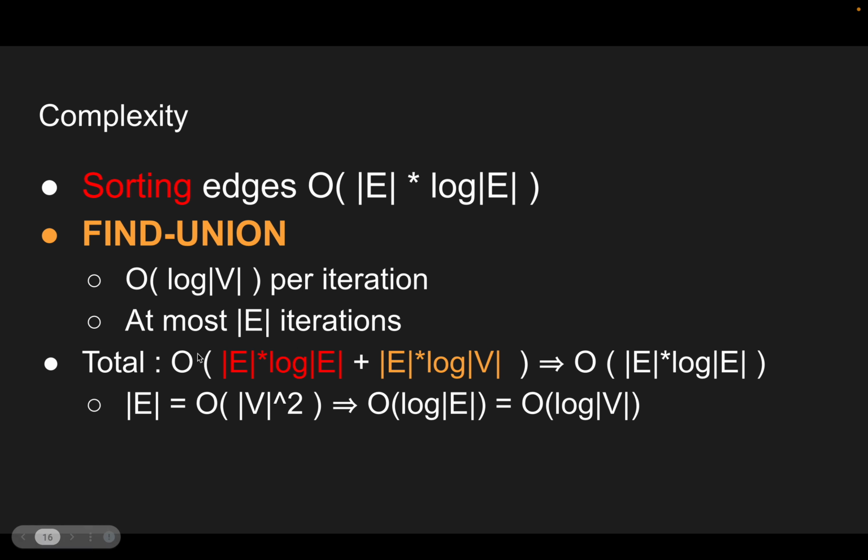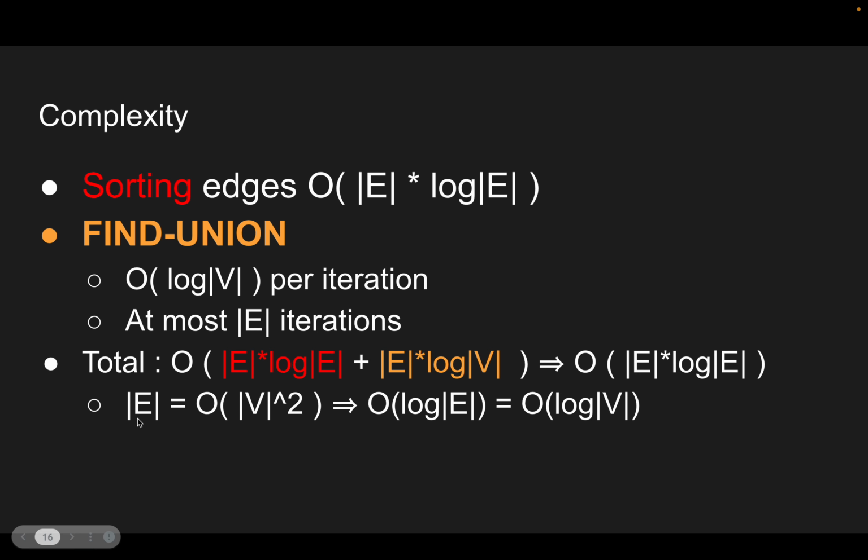So the total time complexity is sorting, plus the iteration, which is E, the number of iterations, times log V, which is the time complexity for the union-find. But we know that the number of edges is at most V squared.